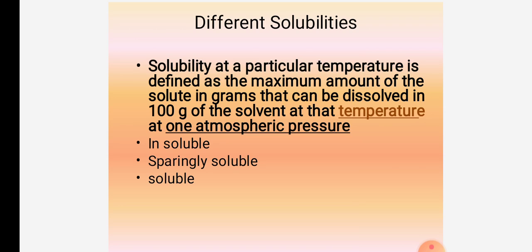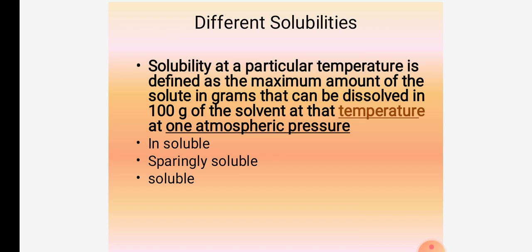So, we are taking a solute, for example any salt, and a solvent, any solvent for that matter, 100 ml of it, and we are trying to dissolve that salt in the solvent till it forms a saturated solution at a particular temperature.